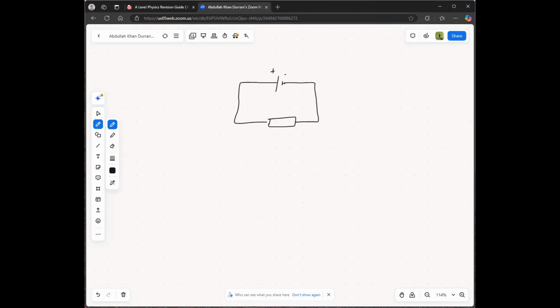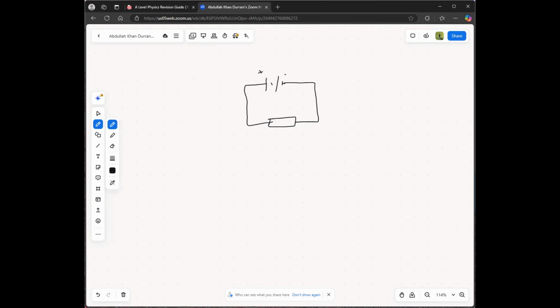I think we make cells like these. If I have these symbols correct, a battery would be represented like two big lines and two small lines. Let me have the positive sign at the right spot. So yeah, this is a battery.